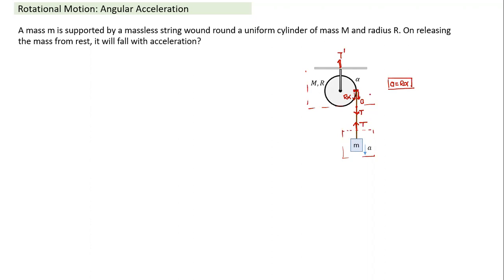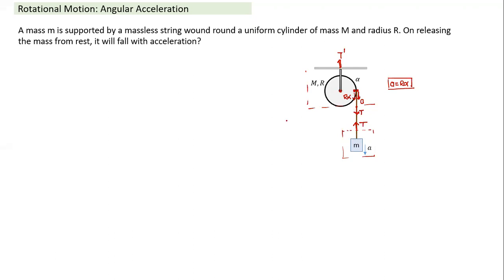Let's analyze the cylinder, which will undergo rotation about its axis of rotation. To calculate alpha, I'll calculate the torque. What is the torque created here? The weight acts about the axis and the reaction also acts about the axis, so the weight and the axis force will not create any torque. So torque is only due to tension here.